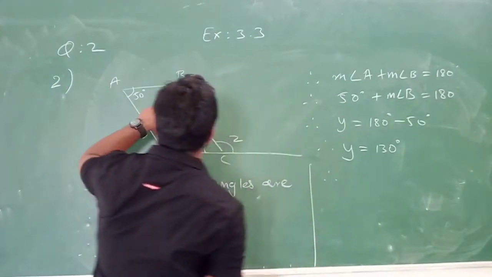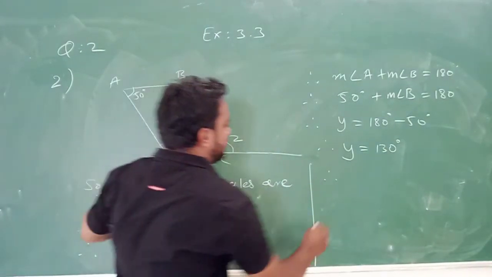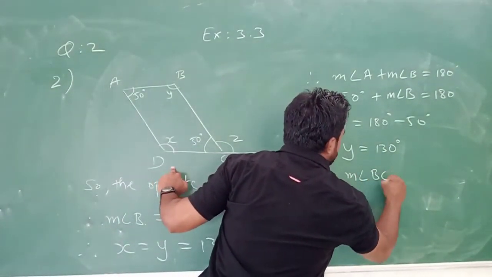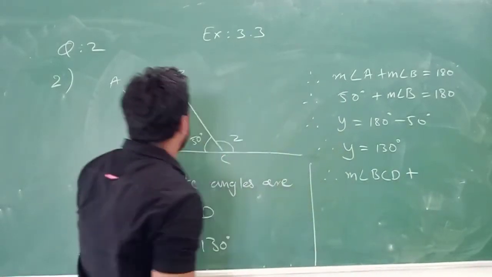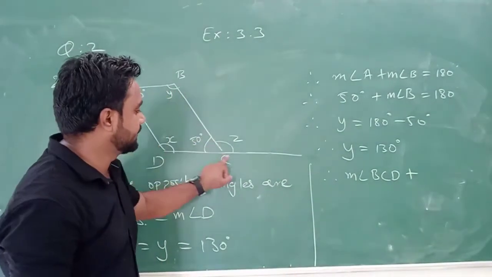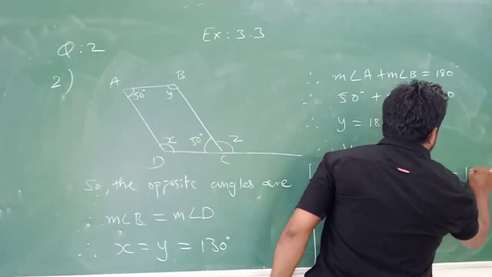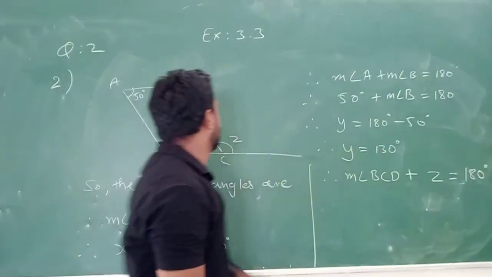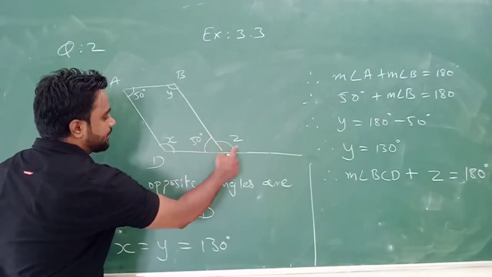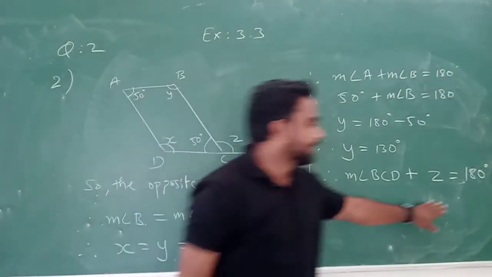Therefore, BCD measure angle BCD plus another angle which one is, so it is what? Z is equal to how much? 180 degree. Means इसका और इसका summation, दोनों का summation कितना होगा? 180 degree. Why?